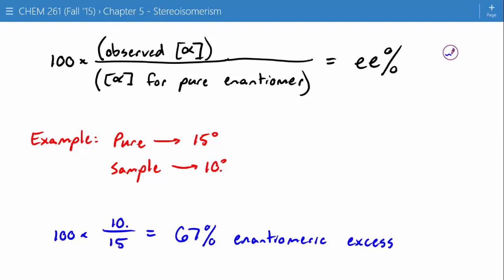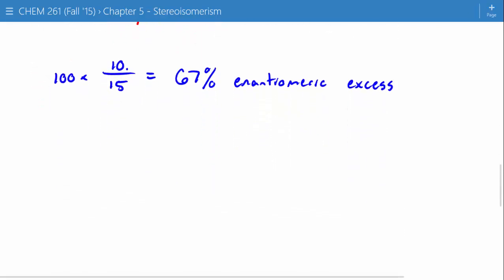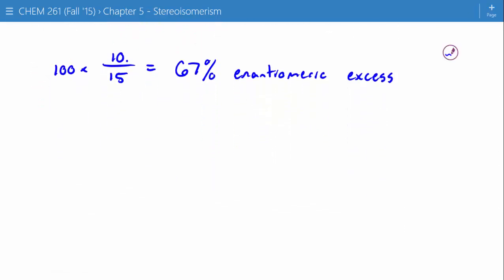But let's first talk about what the 67% actually means, right? So let's think about this. We've got 67% of our pure enantiomer. What's going on with the rest of it?